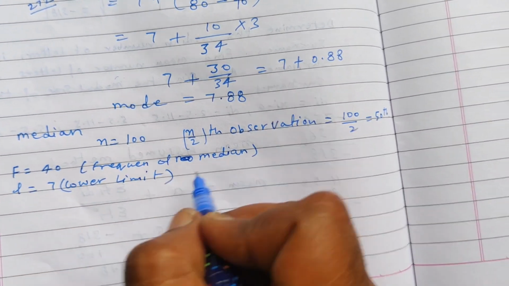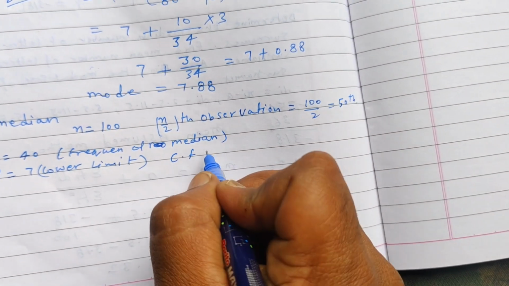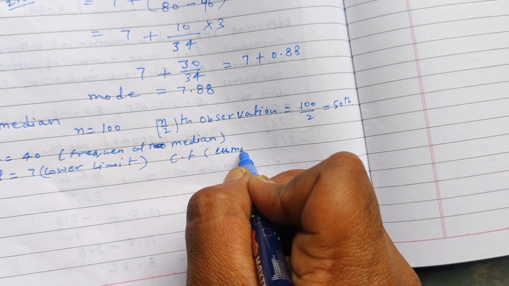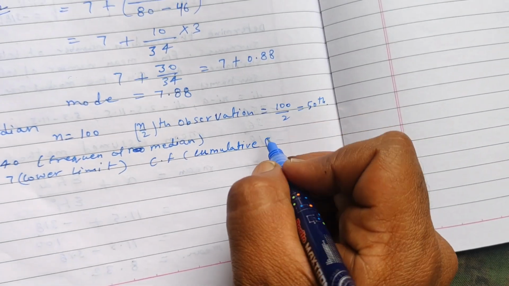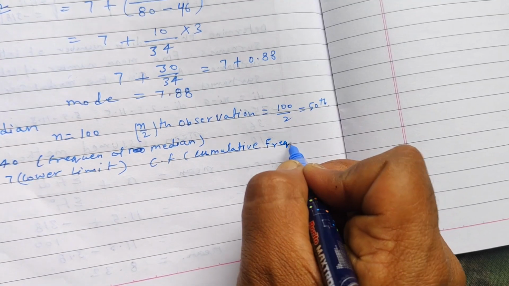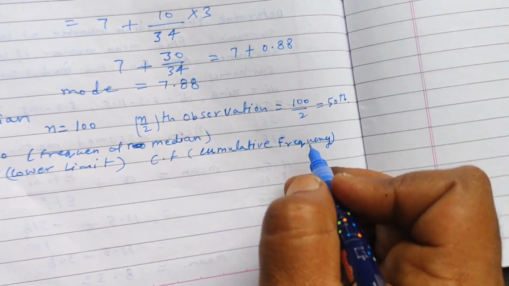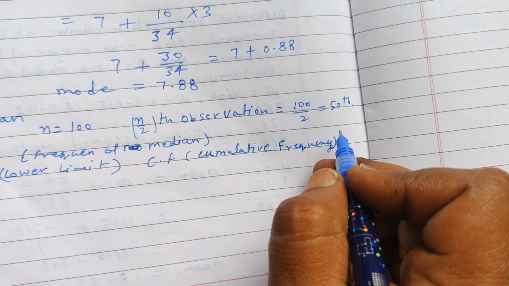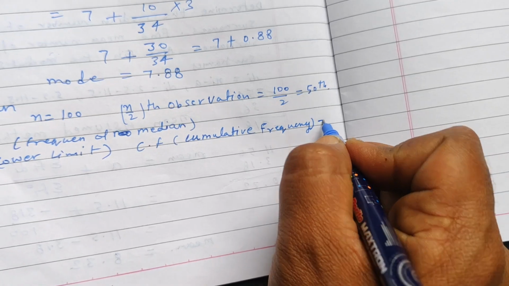And CF, the cumulative frequency, is 36.